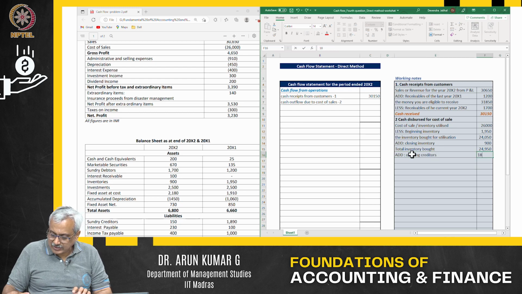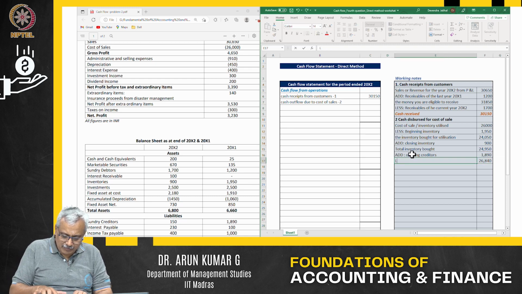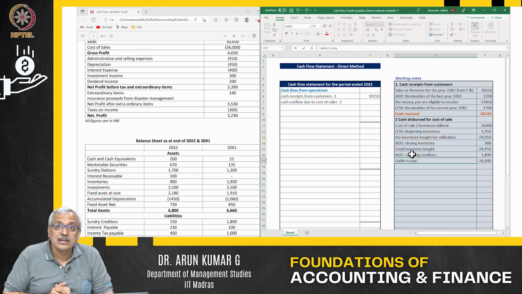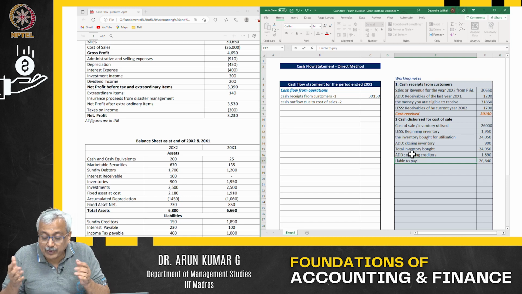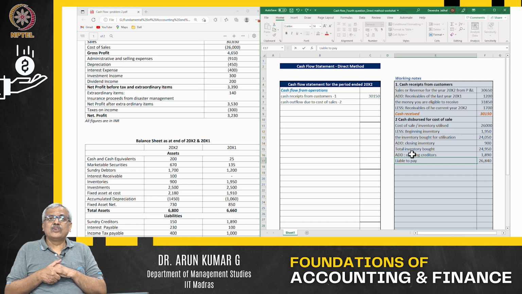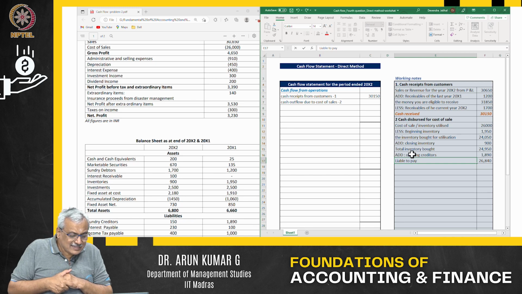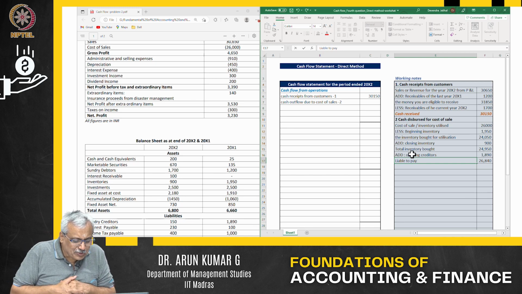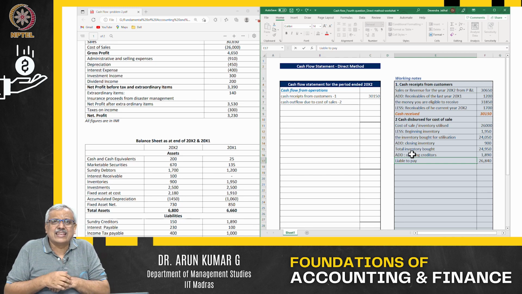I am liable to pay this, because I have to pay what was due in the beginning. So, what am I liable to pay? 26,840. But I still see another 150 rupees still payable at the end of the year.